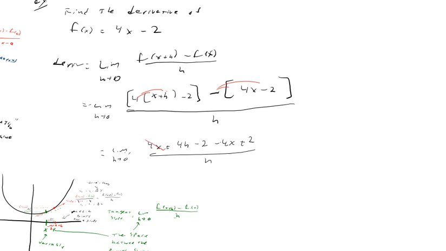The only thing we want left is h's. And this minus 2 is going to cancel with that plus 2. So all I have left is the limit as h approaches 0 of 4h over h.